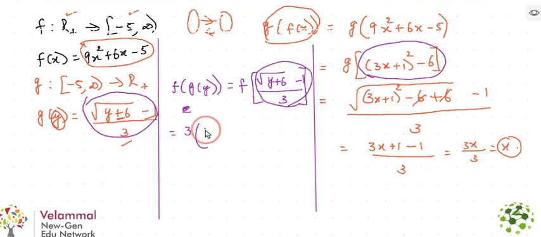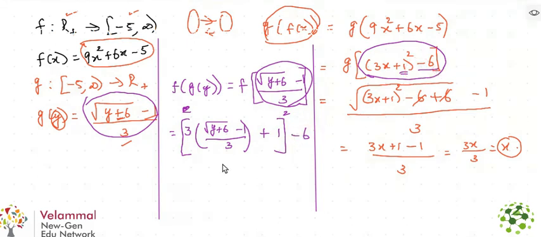So 3 times x, then plus 1 whole square, and there is a minus 6. So this 3 and 3 will cancel. Square root of y plus 6 minus 1 plus 1 the whole square minus 6. 1 and 1 will cancel.